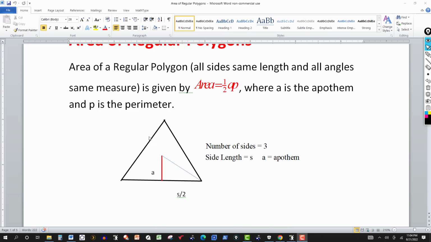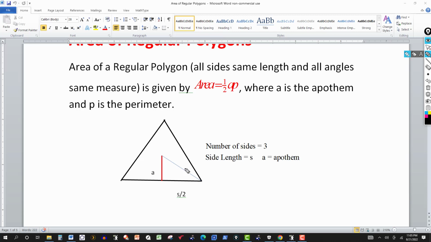Okay, so the triangle has 3 sides. Of course, you can find the perimeter by just adding all 3 sides. The apothem, I have the diagram here, goes from the center, and this is a regular polygon, in this case an equilateral triangle.